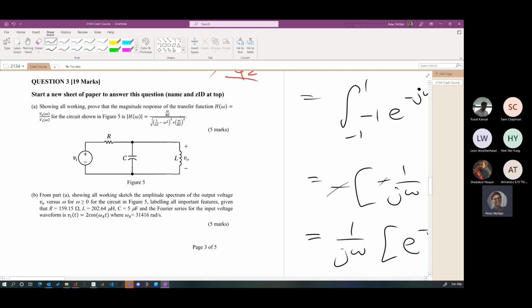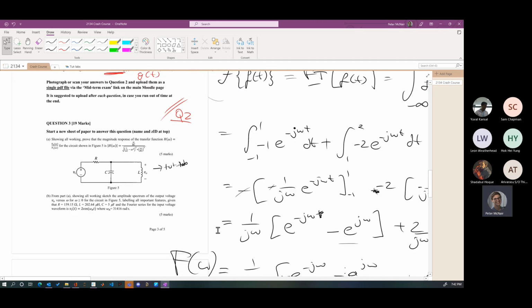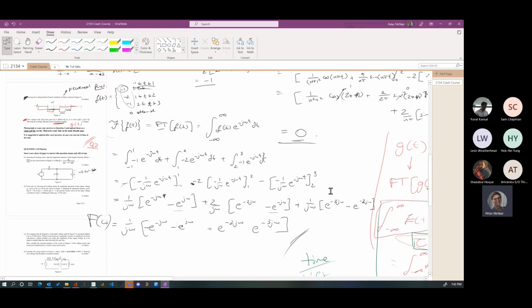This is the form that we want to get it into. Now we can see there's only these 3 components, and actually this is in the Tute lab, so we've seen this circuit before. It might look like a bit of a different equation, but we're familiar with this.